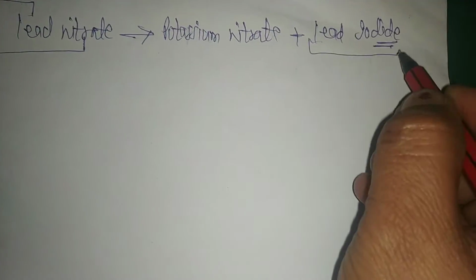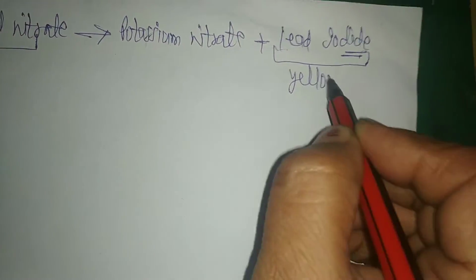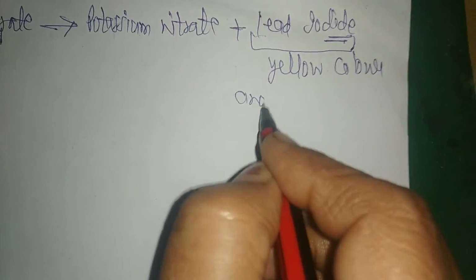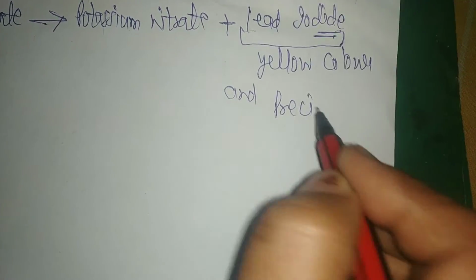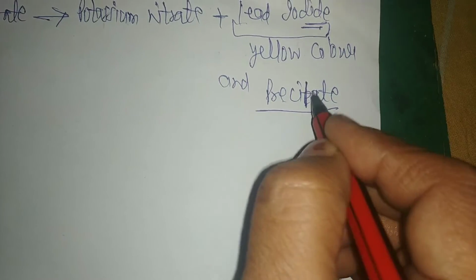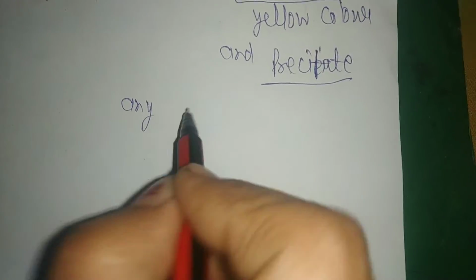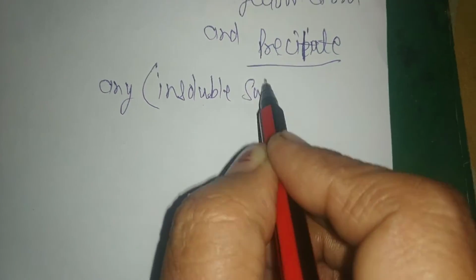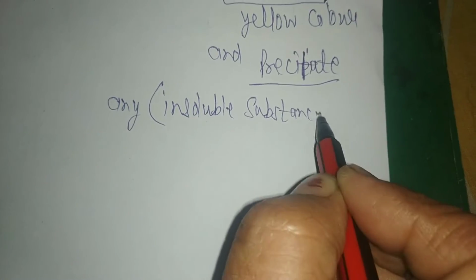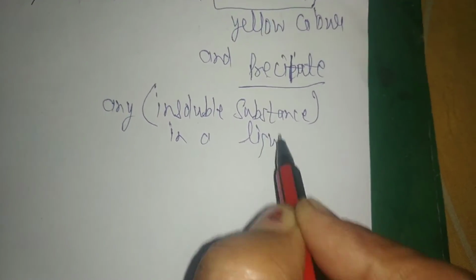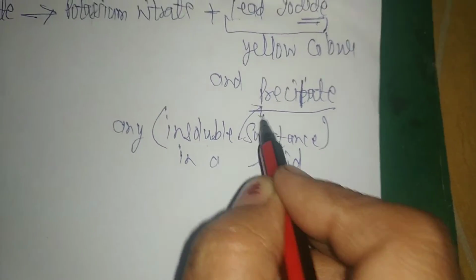This lead iodide is of yellow color and it is a precipitate. So what is a precipitate? A precipitate is any insoluble substance in a liquid.